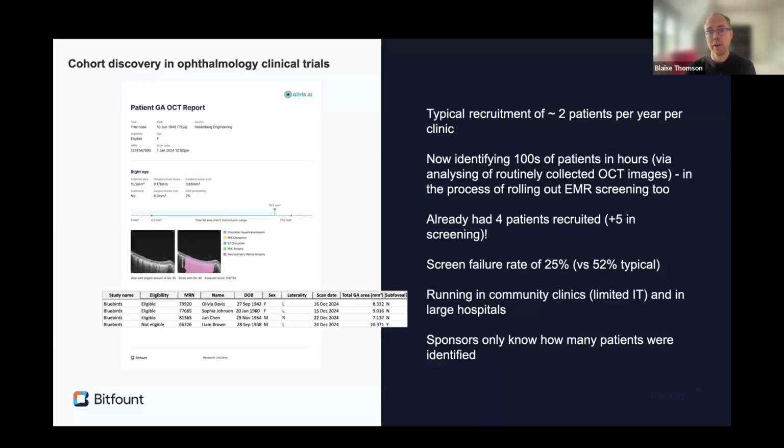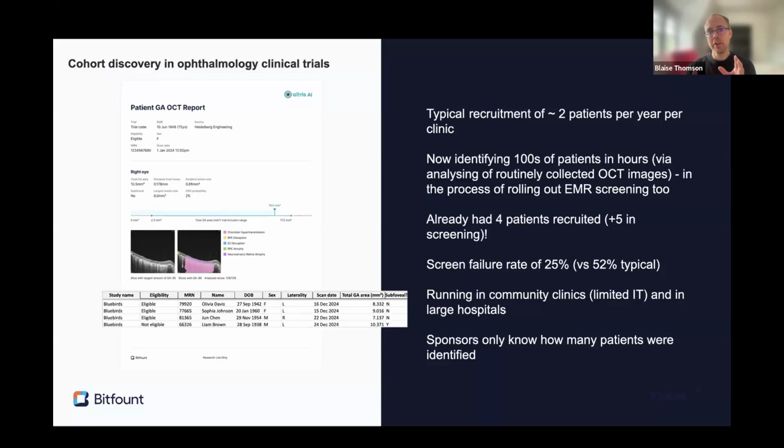We've seen, now that we're implemented in a few trials, that we're often identifying hundreds of patients in just a few hours. Currently, we only analyze the images, but we're now in the process of also analyzing the electronic medical record in a federated way.